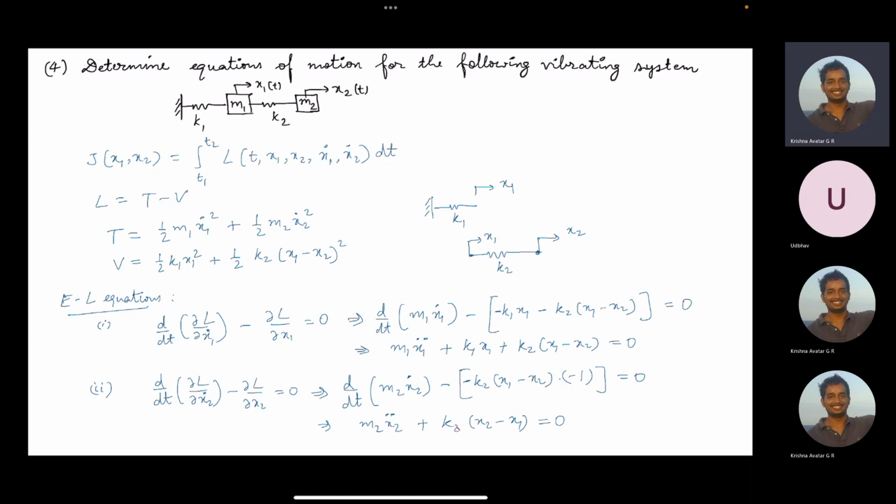There is an elegant way of putting these equations: we can form a matrix.